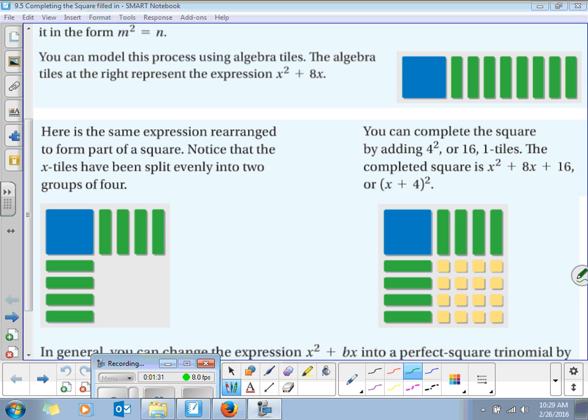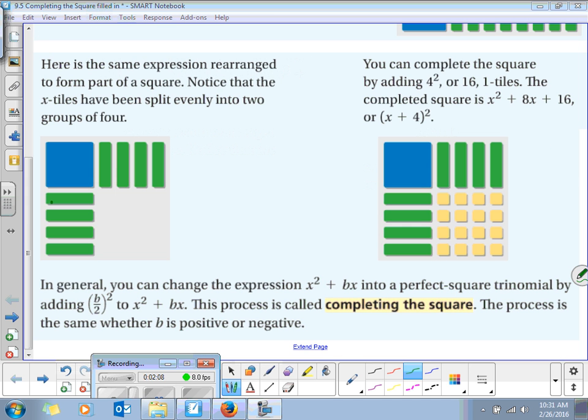Now, if I want to complete the space in the square, that's completing the square. I can add squares in the rest of the space, and there's 1, 2, 3, 4. 4 times 4 is 16. So we added 16 to this picture to complete the square. Does everybody see that?